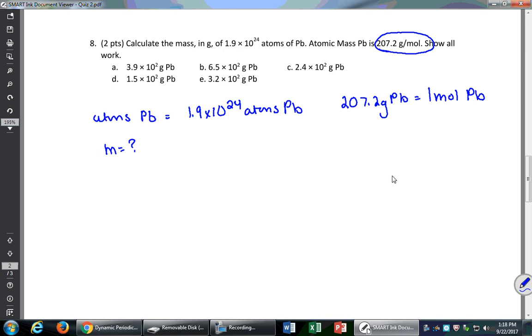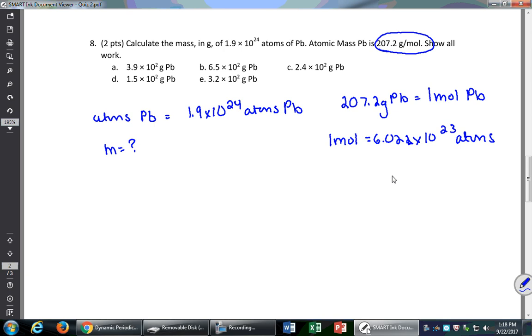And recall our dozen of eggs. A dozen eggs always equals 12 eggs. A dozen elephants always equals 12 elephants. So that's our relationship. 1 mole always equals 6.022 times 10 to the 23 atoms. You must know this number, and you need to know the relationship that it tells us.